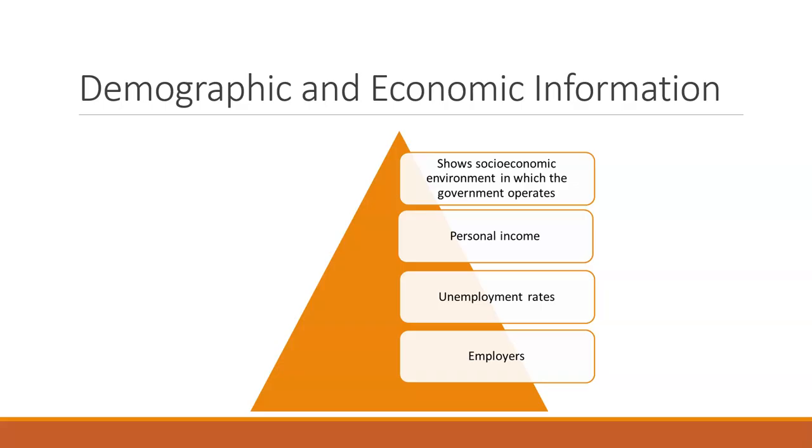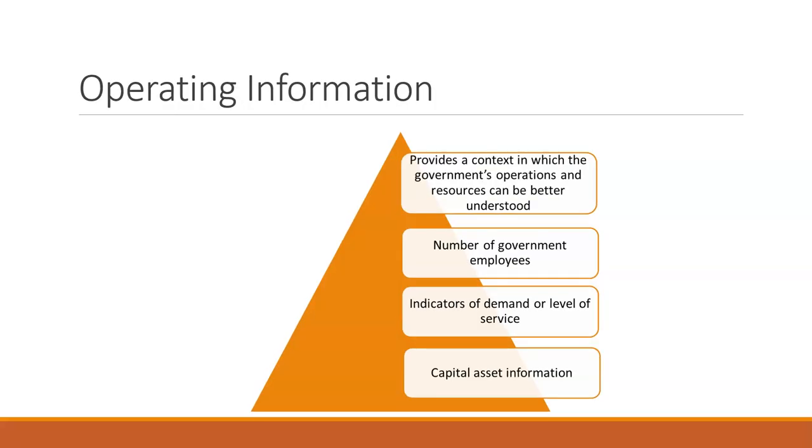Okay, demographic and economic information, as I talked about, so information about our citizenship, who makes up our city. Our operating information, so as I said, our government's operations and the resources that are being used to operate our government.